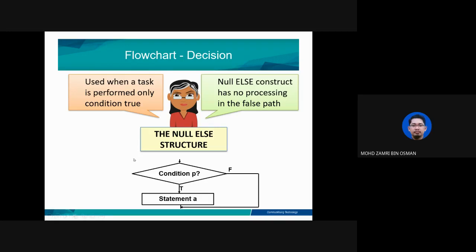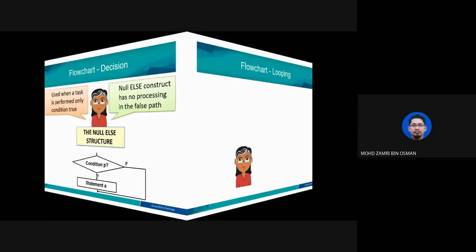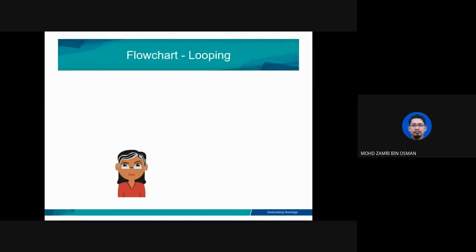So you only have one statement in the condition; if it is true, it executes, otherwise it will exit the program. You will see more detail on this in looping and decision when you do the programming part later on, and then you can see how decisions are presented in programming.